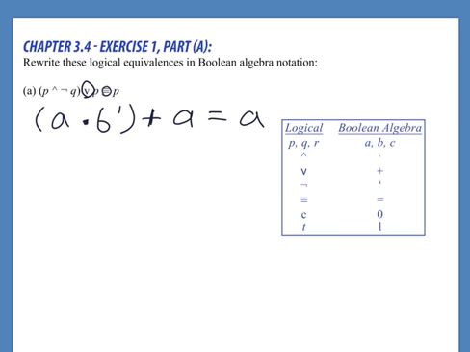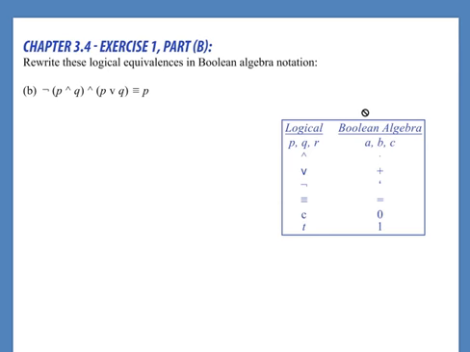And then we're going to go over part B. Same thing, where in part B, you see that the negation is outside of the parentheses. So that just means that the parentheses is going to be a complement, as shown in this chart.